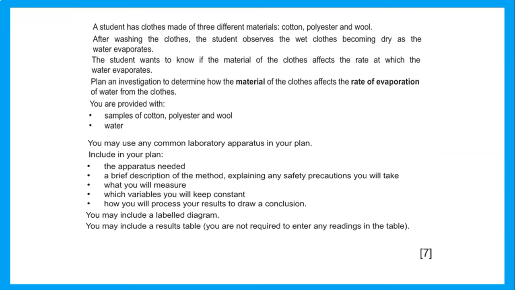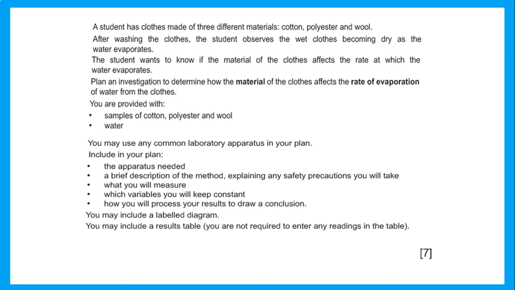Then another type of question has 7 marks on it, and here we need to explain in detail. So, for example, a student has clothes made of 3 different materials, cotton, polyester, and wool. After washing the clothes, the student observes the wet clothes becoming dry as the water evaporates.